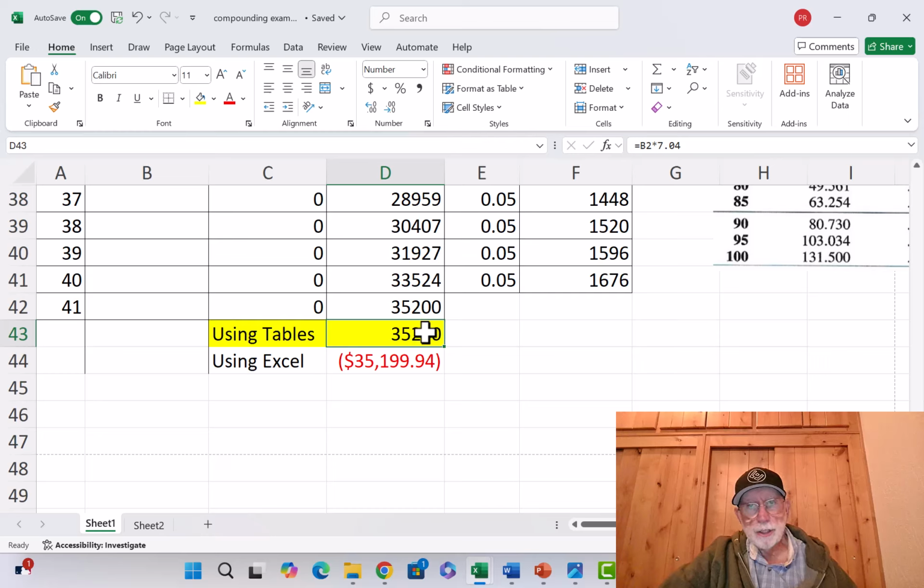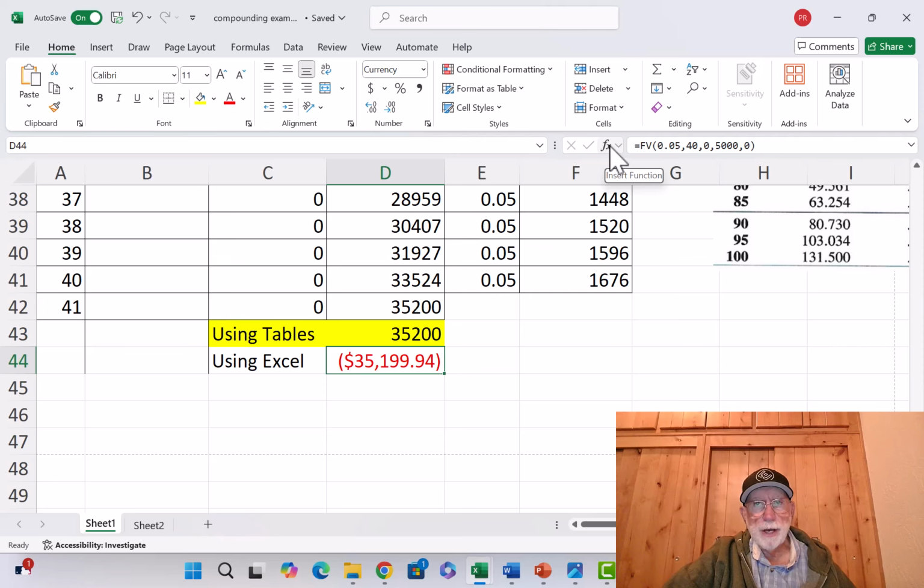Using Excel functions, we can get the answer as well. Now, let me go down and click below, and if you look up at the formula bar at the top right of your screen, you see to the left of it an icon, f of x, function of x.